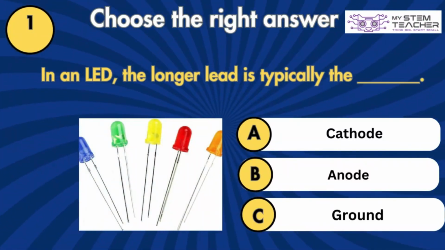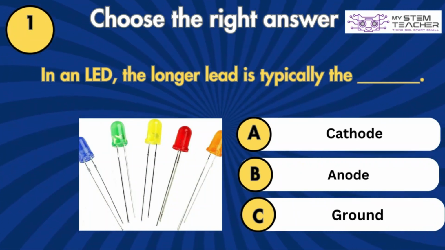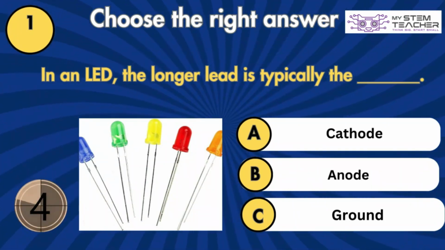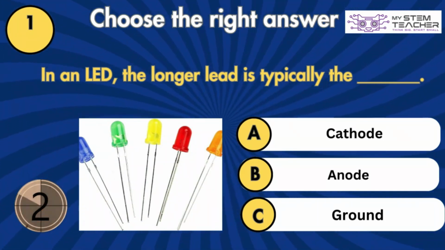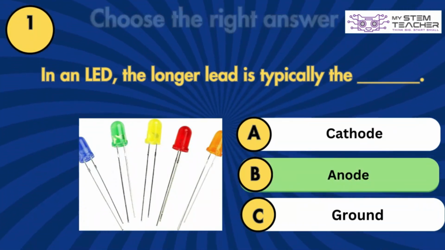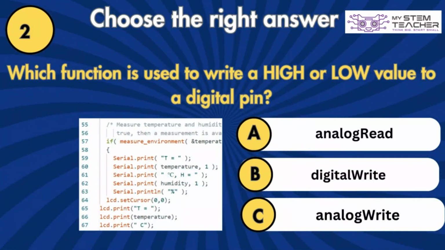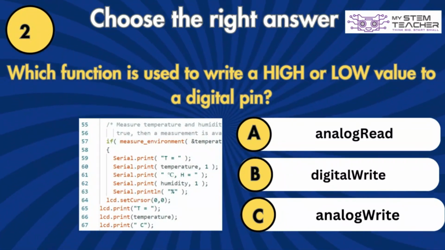In an LED, the longer lead is typically the blank. Which function is used to write a high or low value to a digital pin?